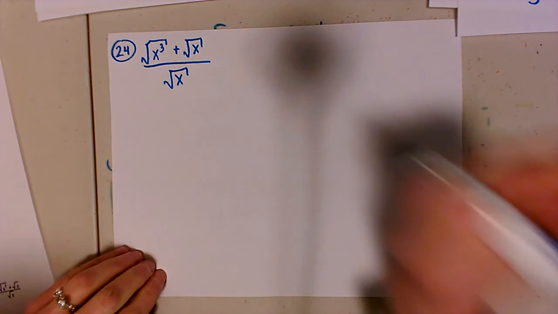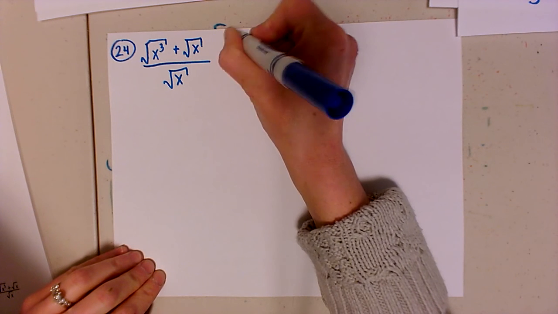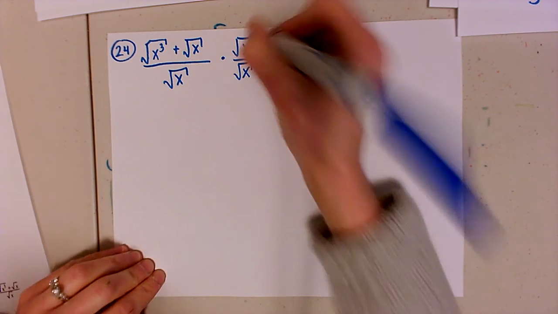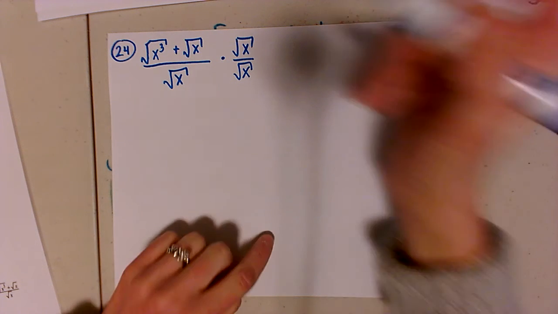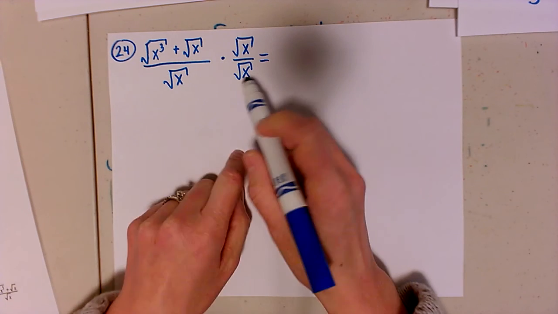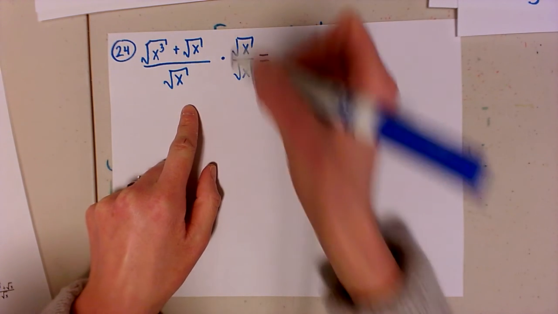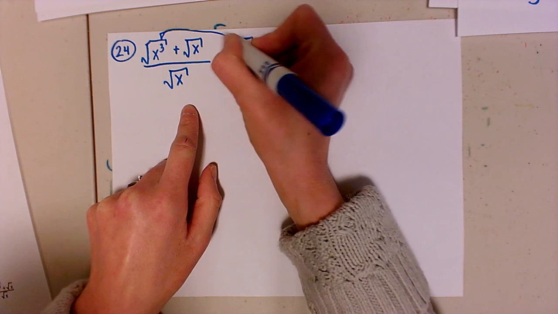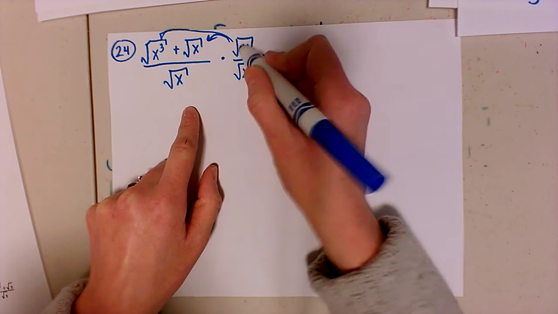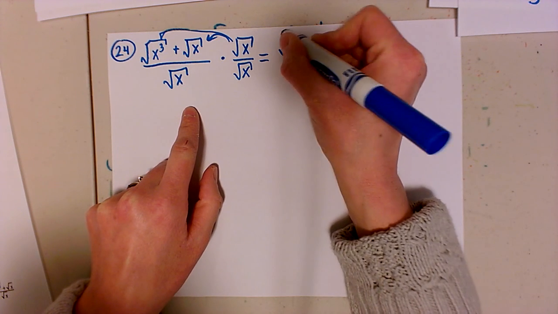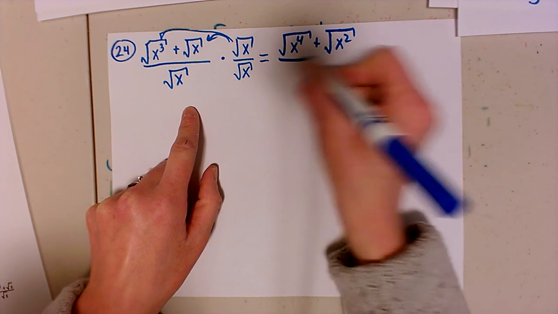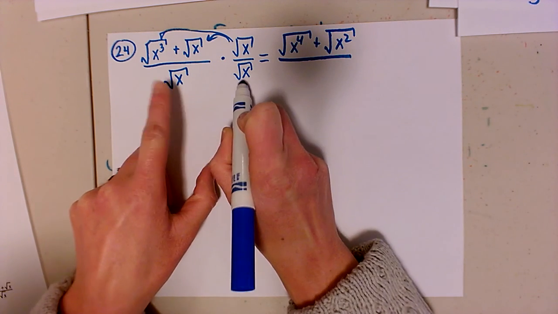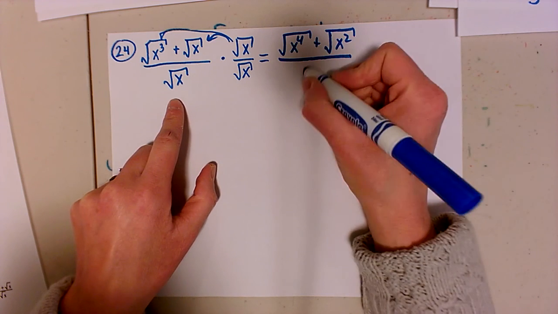Okay, so we're going to multiply by root x over root x, because we want to get rid of that root x in the denominator. Okay, so let's see. If we take this root x and we distribute it across what we have up top, well, x cubed times x, that turns into x to the 4th, and x times x, that's an x squared.